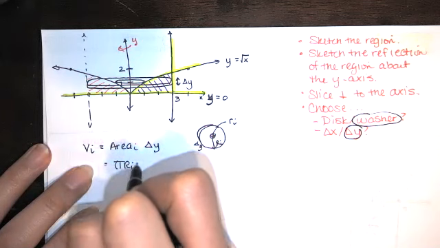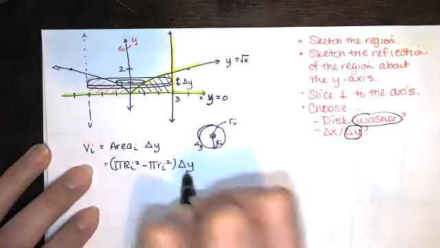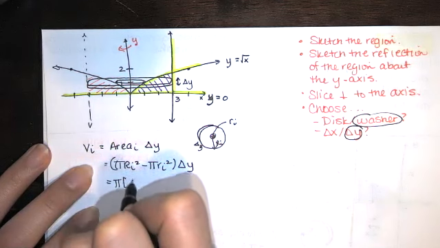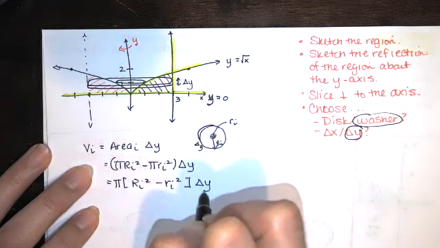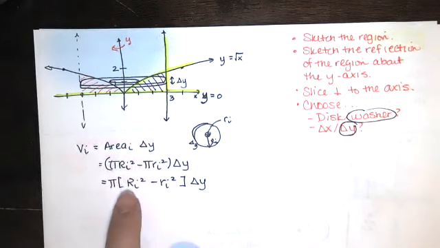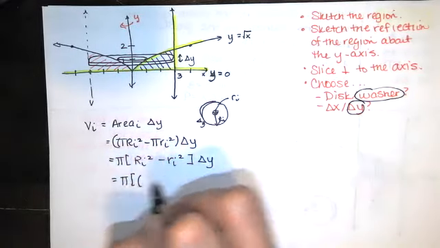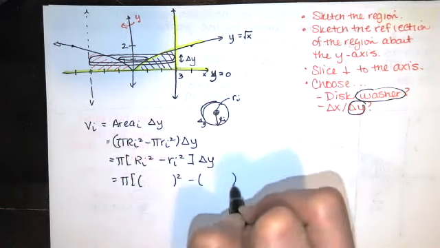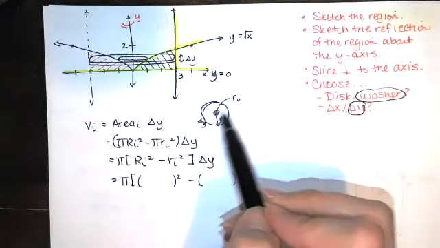So we have the area of the big circle minus the area of the little circle. Factor out pi. Got that right there. And now we just need to find the outer radius and the inner radius, or if you prefer the larger radius and the smaller radius. You have radii for two different circles, that circle and that circle.